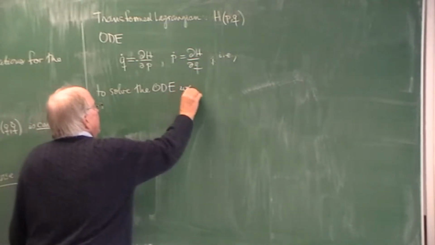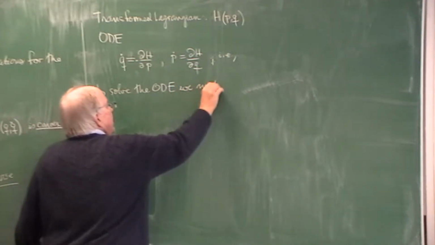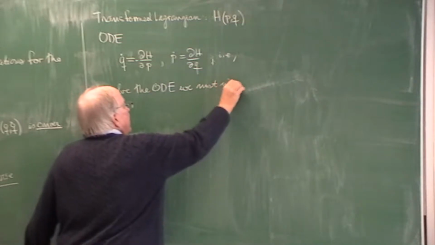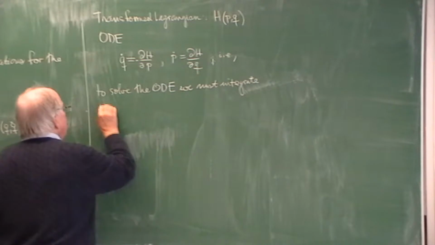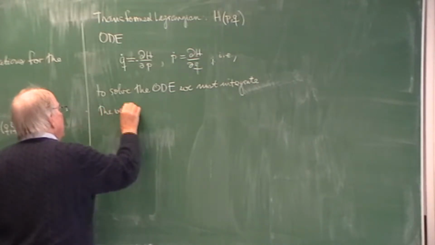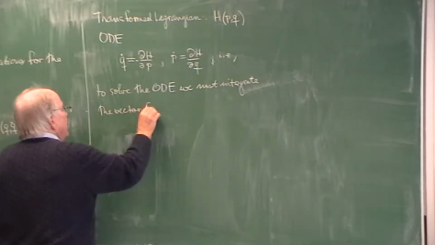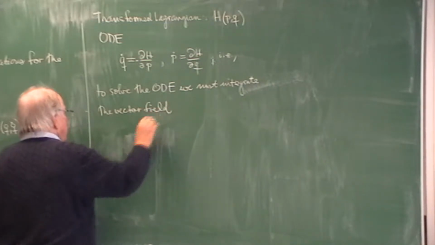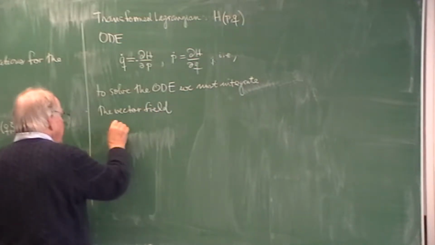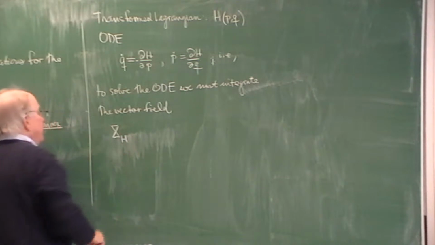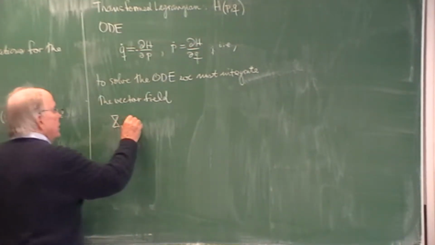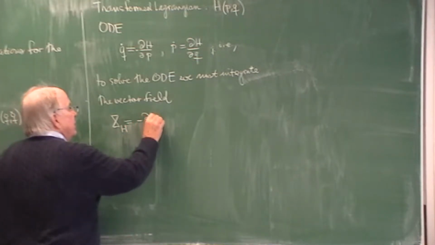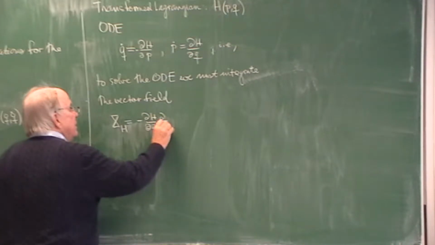We must integrate the vector field which I'm going to call XH here. So it's the vector field which really is associated to H, which is minus dH dq ddp.